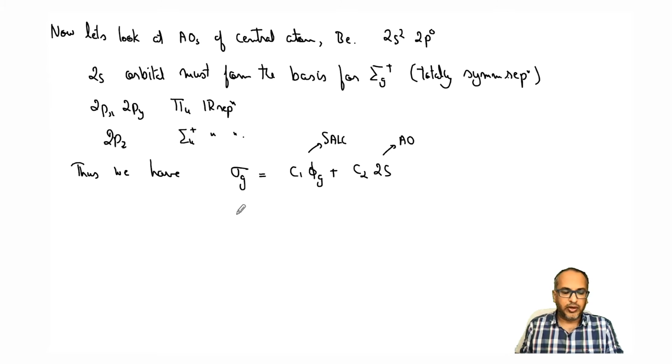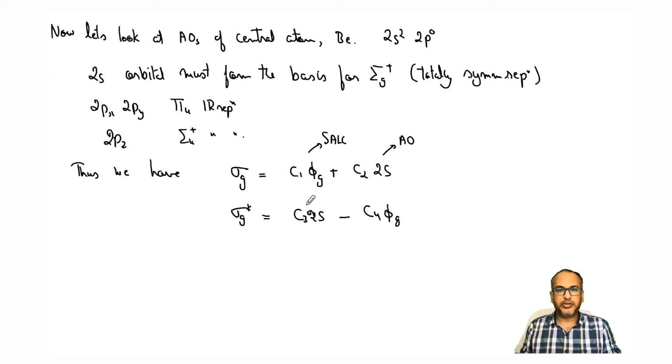Also sigma g star can be written as C3 2s minus C4 phi g. Okay, so again this is atomic orbital and the SALC. All right, so this will form, because summation will give you bonding and this will give you anti-bonding.